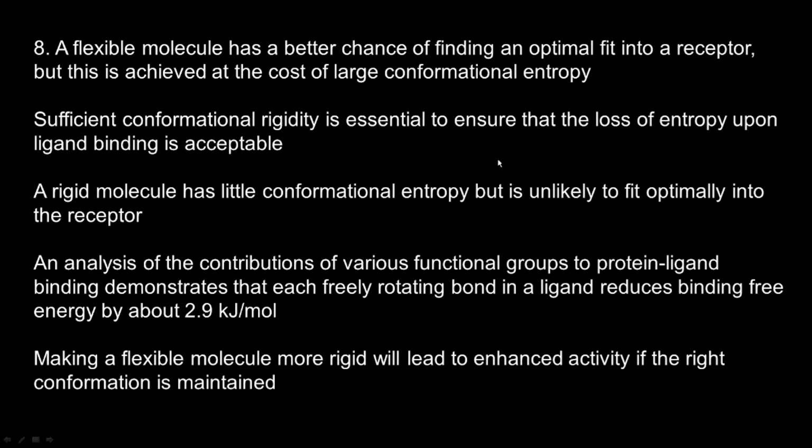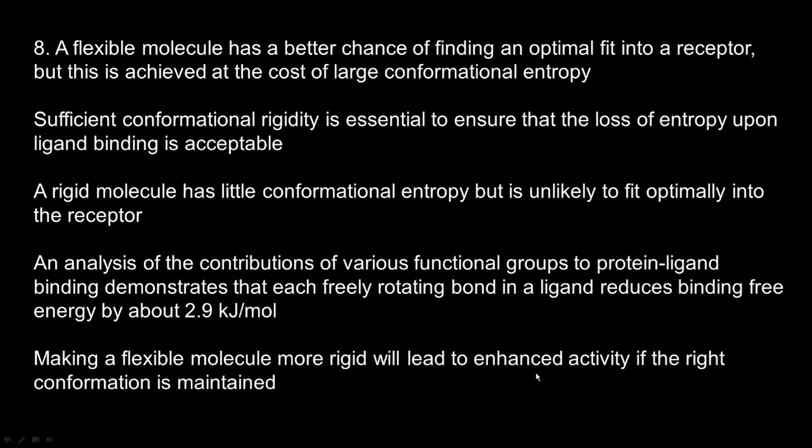Analysis of the contribution of various functional groups to protein ligand binding demonstrates that each freely rotating bond in a ligand reduces the binding energy by 2.9 kilojoule per mole. So if you have 1, 2, 3, 4 flexible bonds, it keeps on reducing by 2.9 kilojoule per mole. Making a flexible molecule more rigid will lead to enhanced activity if the right conformation is maintained.